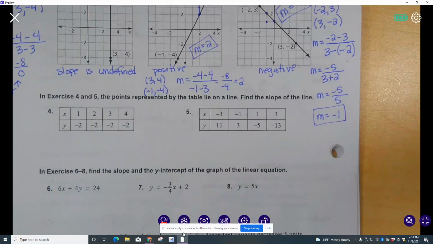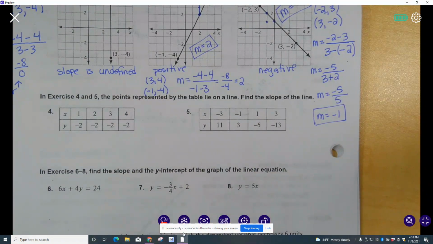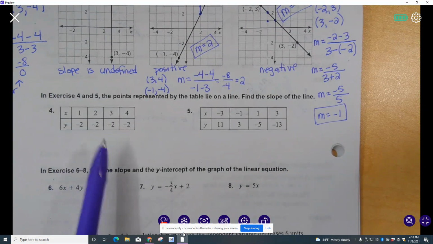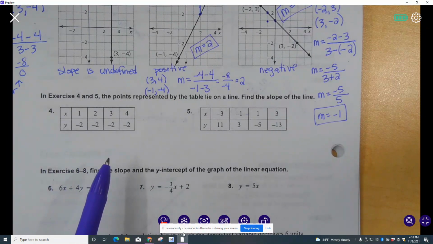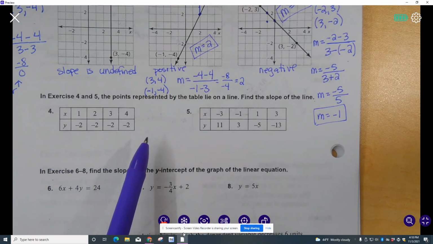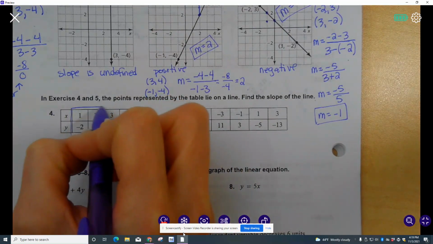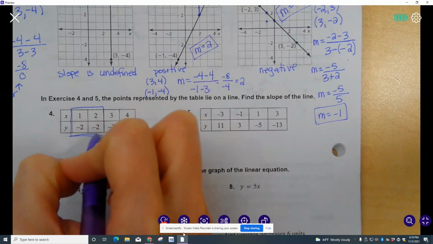Now, oftentimes you're not going to be given a graph, you're just going to be given a table of values or coordinate points. We can still find slope. All we need are 2 points. So I have 4 points here. All I really need are 2 points. So I'm going to probably find slope just using these 2 points.